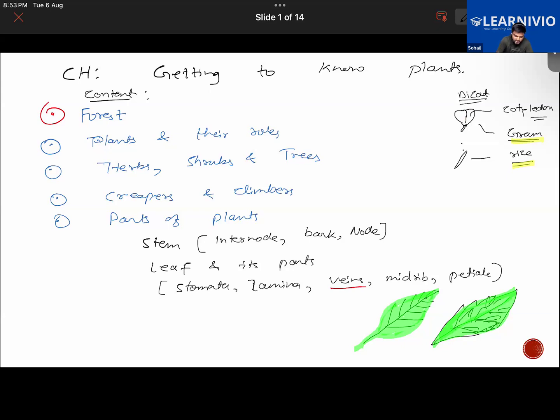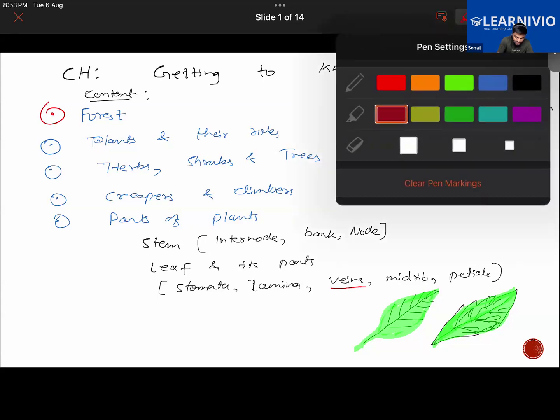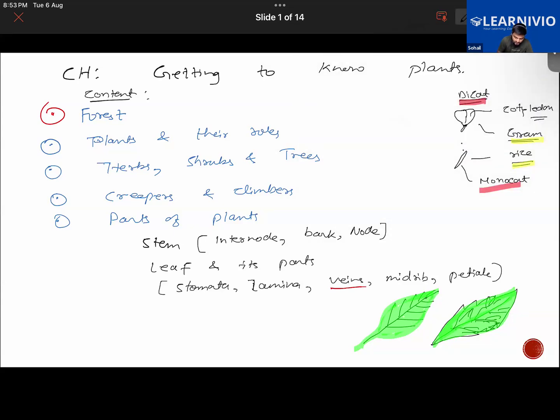Dicot. And the one that is just having one cotyledon, which is not split from the middle, we call monocot seeds. So what we get to see, guys, is that the leaves of dicot plants would be having a reticulate venation like this.